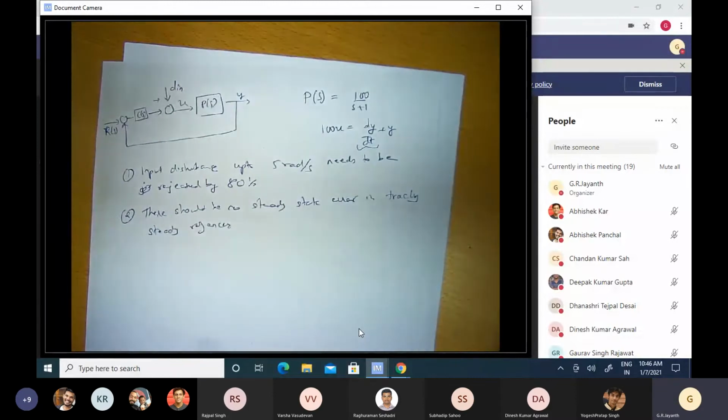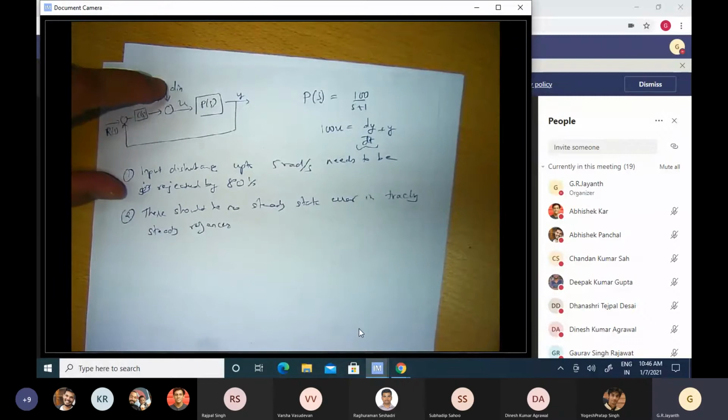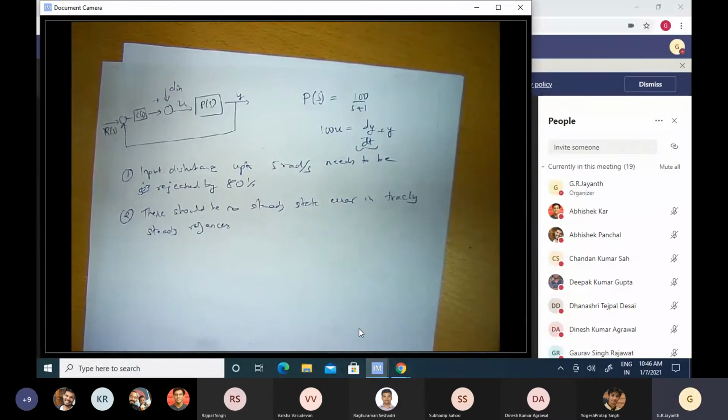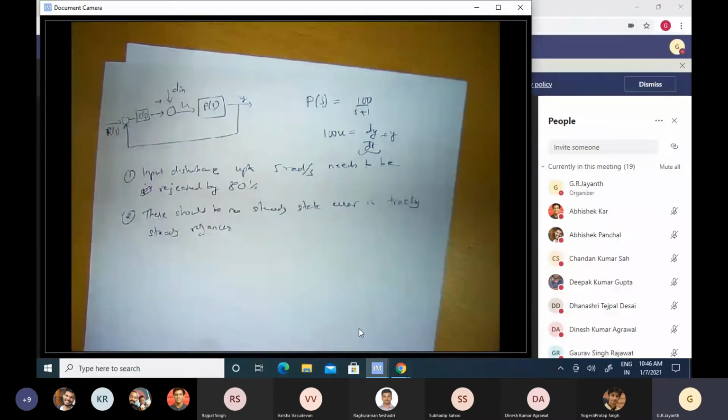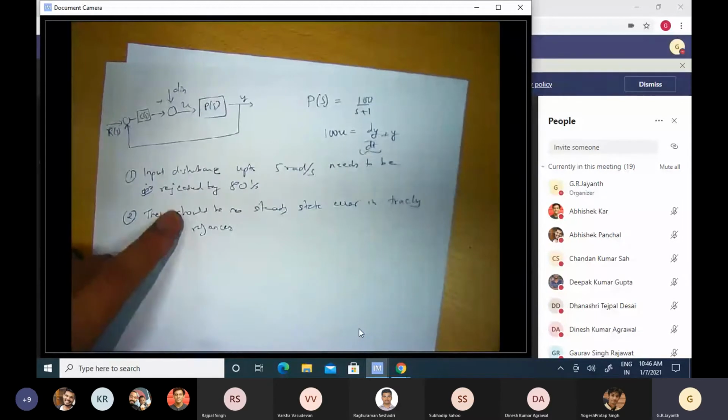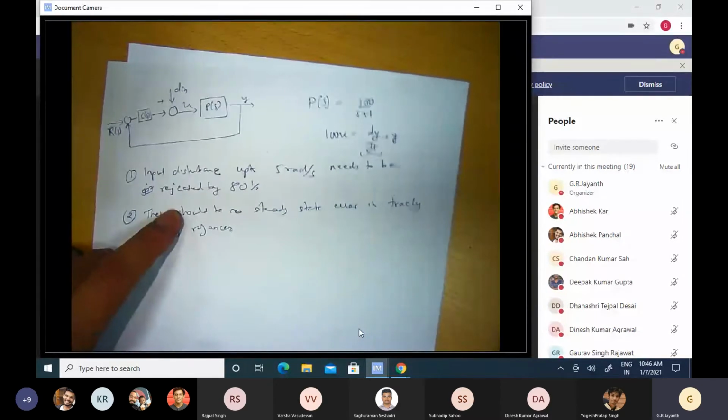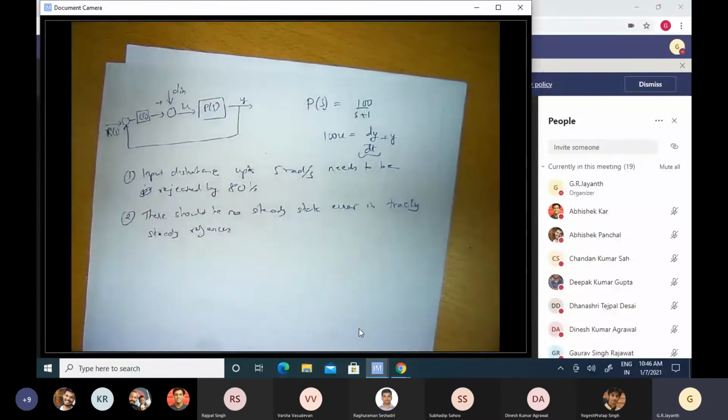In addition to whatever power that you would provide to take away heat, there is also heat flowing into the room which is air conditioned, or into the refrigerator from the outside ambient, etc. And what has been specified here is that the disturbance frequency content is at most 5 radians per second, not higher.